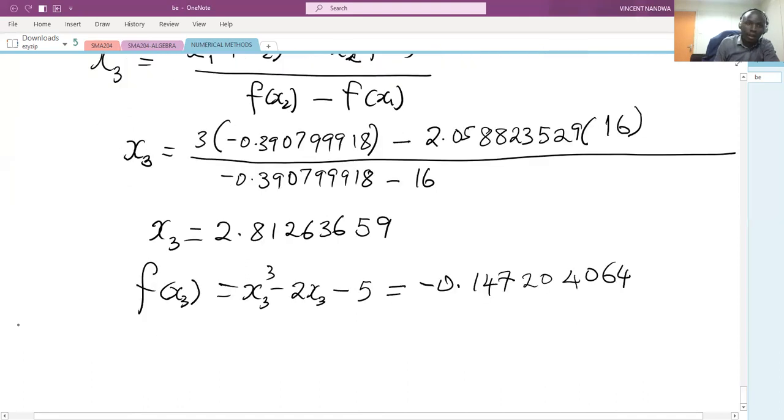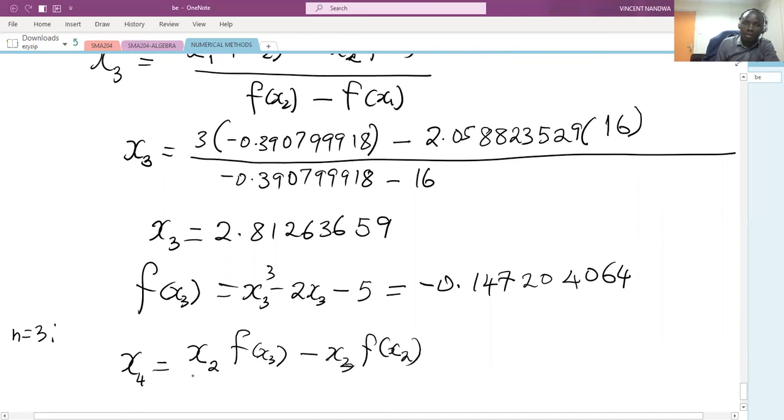And then at n equals 3, x4 will be given by x2 f of x3 minus x3 f of x2 divided by f of x3 minus f of x2.